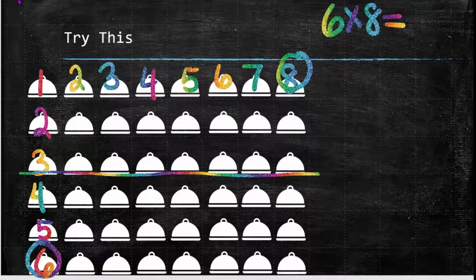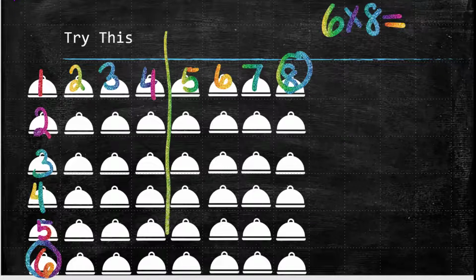Or maybe I would choose to use a vertical line instead, and my vertical line would go this way. I would choose to split it in half either way. That way, whatever is on one side of my array would be the same answer on the other side. So, your choice. Doesn't matter. Either way, your answer will still be the same.